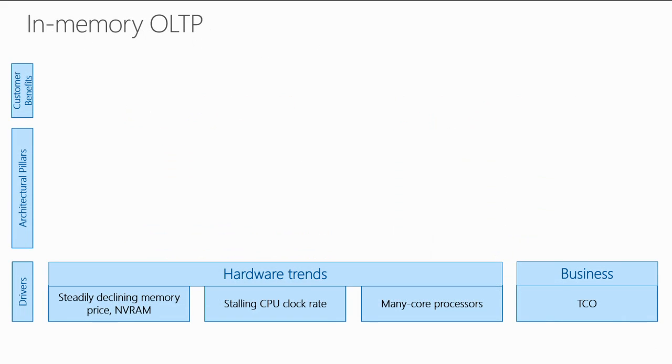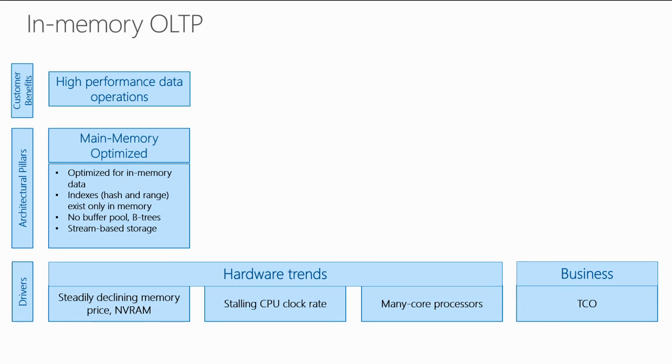For in-memory OLTP, the first thing is that we wanted to target the reduced memory price but stalled CPU clock speed, so we memory-optimize all your row stores, all your data stores in memory, to minimize the I/Os and minimize the code paths.